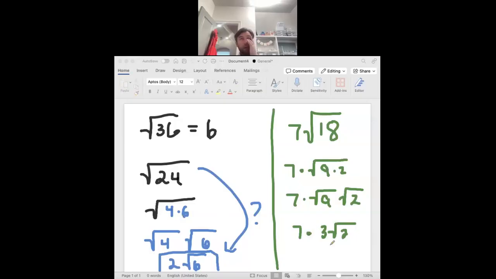Then the 7 and 3 on the outside of the square root, because they're on the outside, can interact, and you can go ahead and multiply them. So it gives us 21 square root of 2. So this may be more representative of the type of problem you'll see when it comes to simplifying radicals.